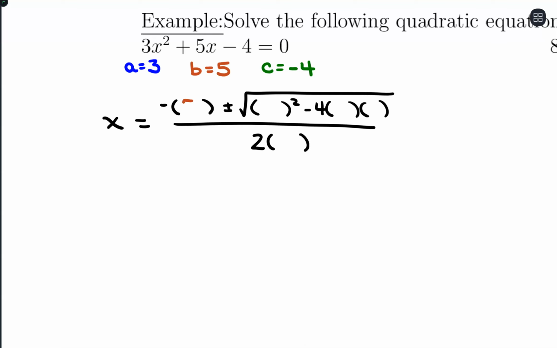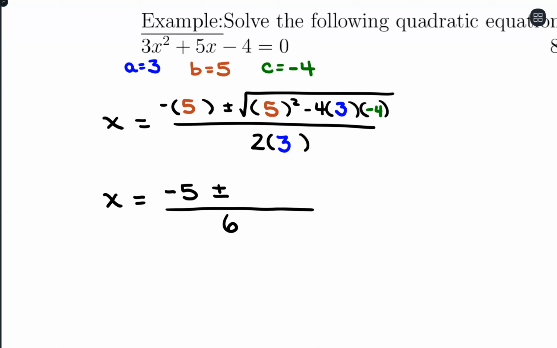So negative b, this is going to be negative 5 plus or minus the square root of 5 squared minus 4 times 3 times negative 4, all over 2 times 3. Okay. So our 3 sections: we have the negative 5 plus or minus. In the denominator, we have 2 times 3, which is 6.